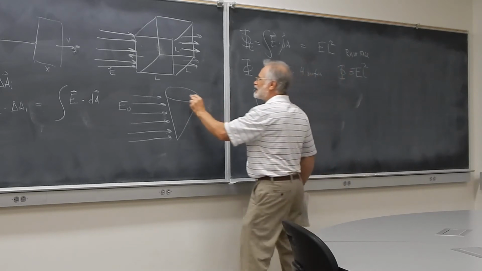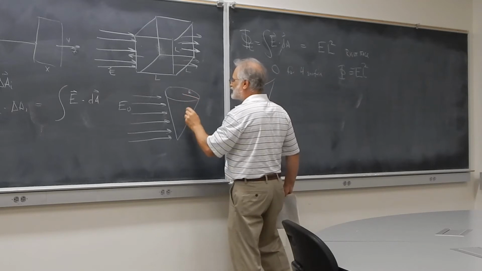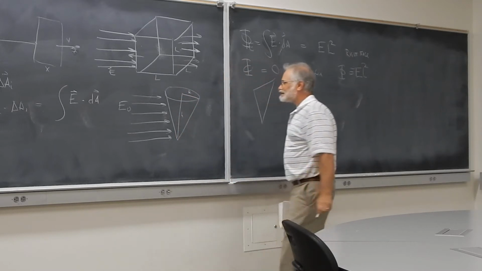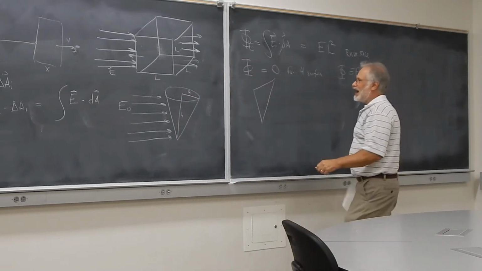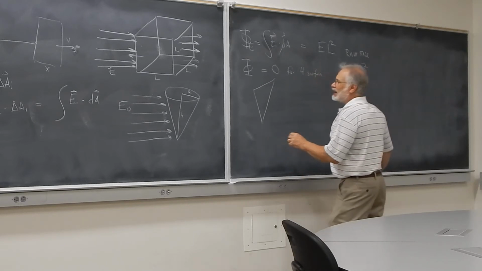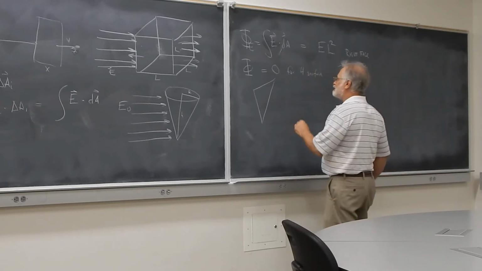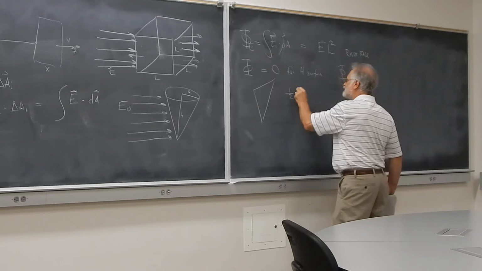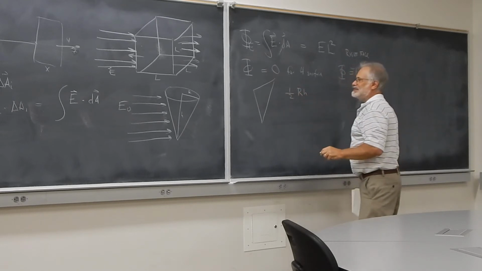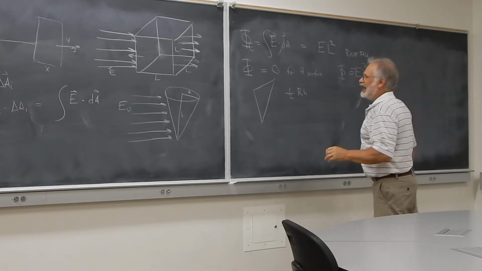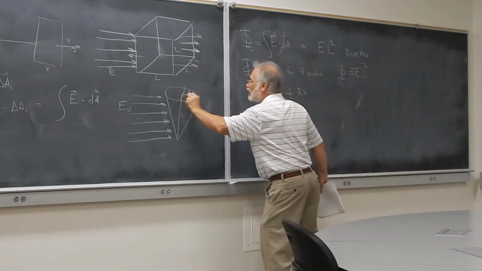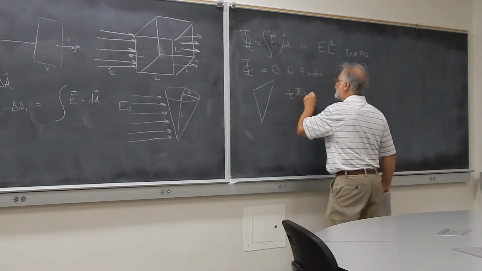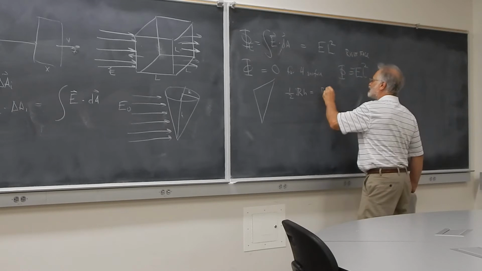So if I have a radius of r and a height of h, the area of that triangle is just going to be 1/2 the base times the height. In fact, they'd use the whole base, so it would be 1/2 times 2r times h, or just r times h.